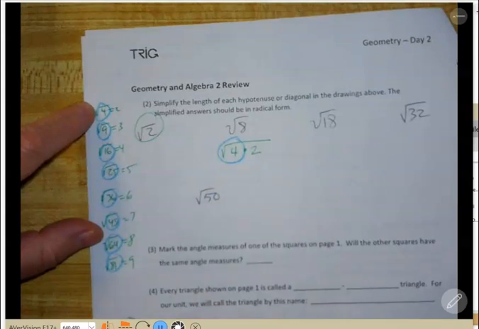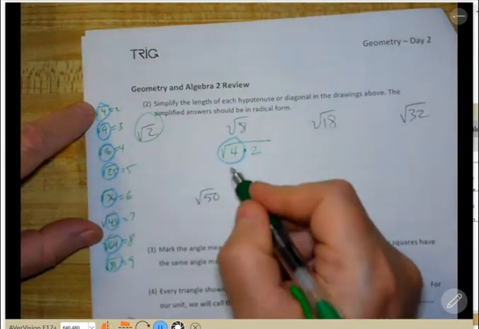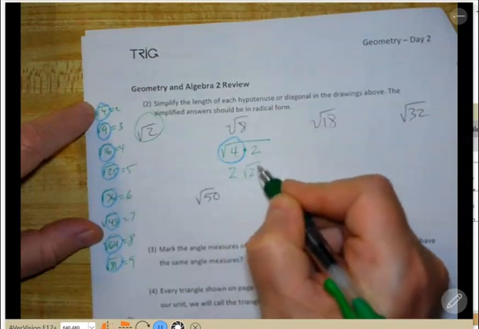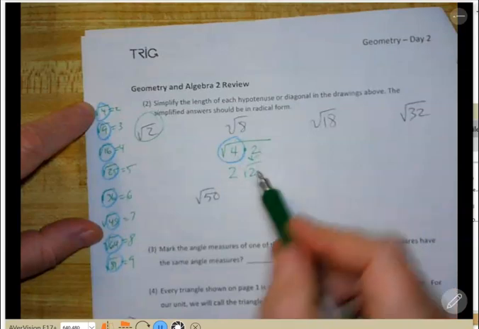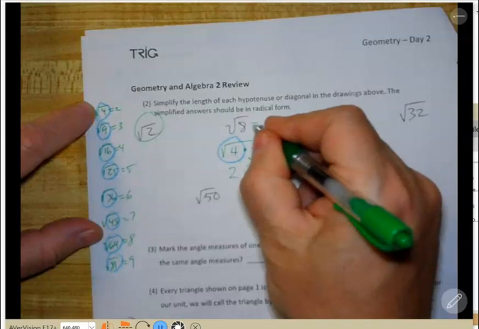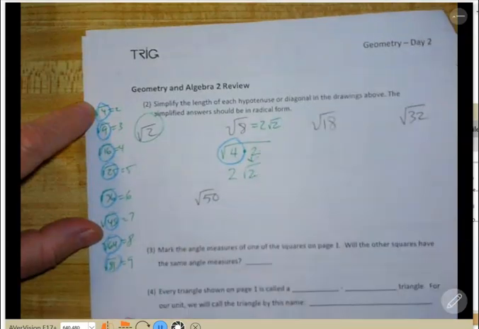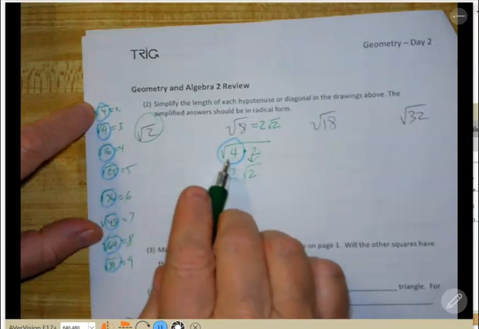The second number we cannot, because it's not a perfect square. So the square root of 8, if I simplify it, square root of 4 is 2, and this 2 here is still under the square root because it's not a perfect square. So square root of 8 simplifies to 2 root 2, because we can take the square root of that number.